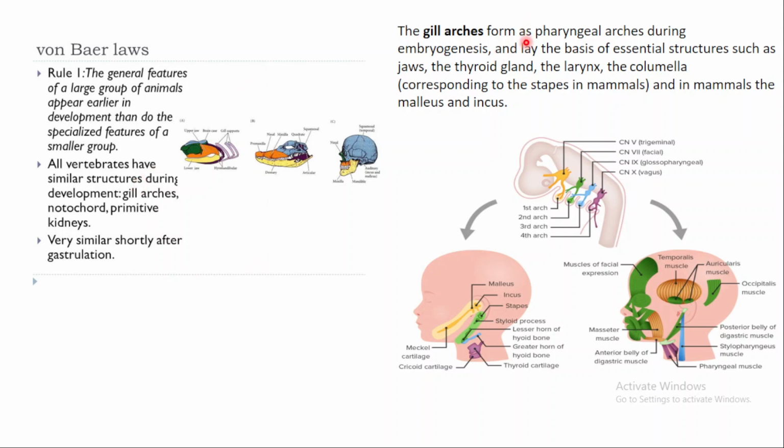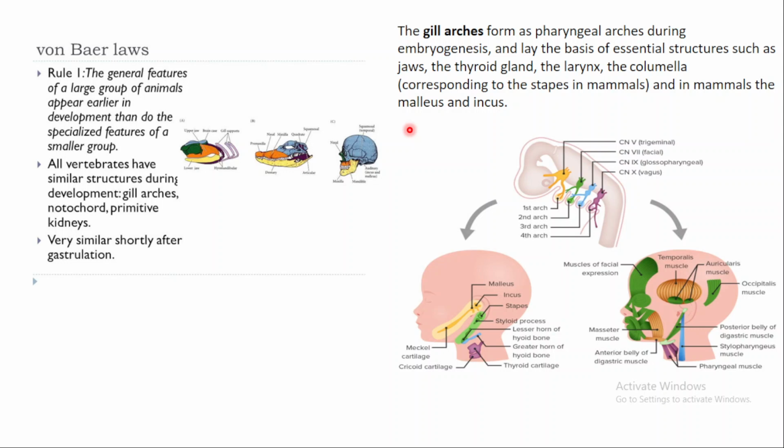The gill arches form as pharyngeal arches during embryogenesis and lay the basis of essential structures such as jaws, thyroid gland, the larynx, and in mammals, the malleus and incus. So the inner ear bones, three important inner ear bones, the stapes, malleus, and incus, are given by the pharyngeal slits, gill arches.